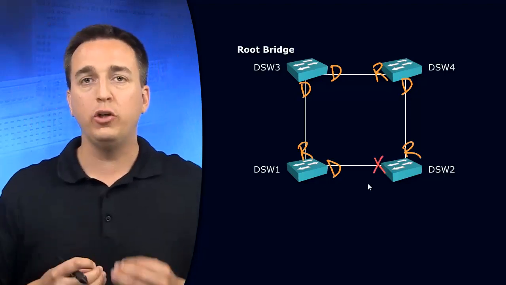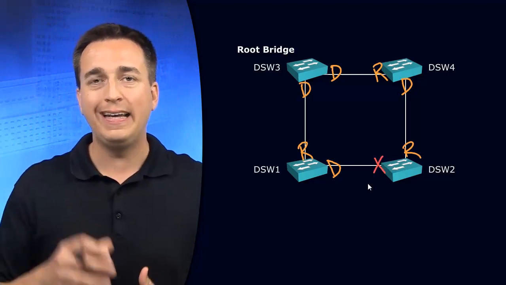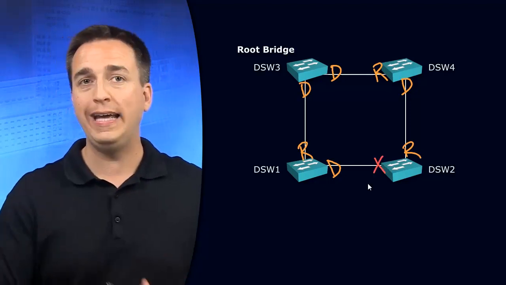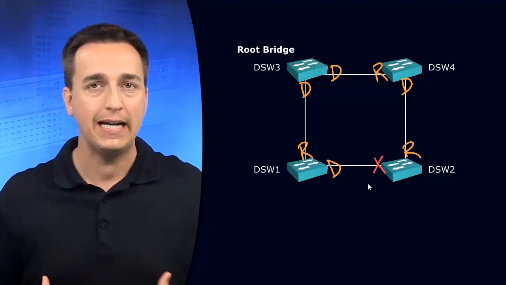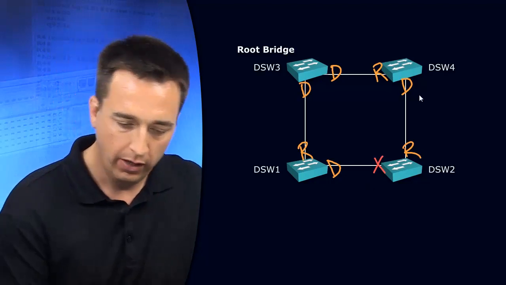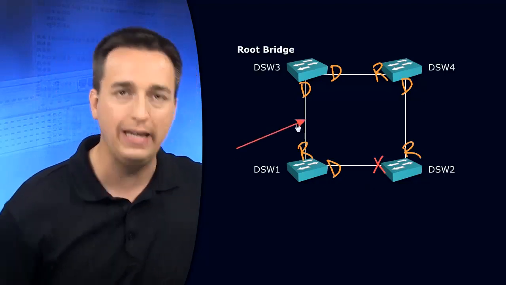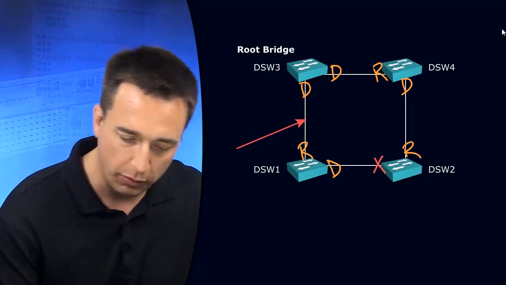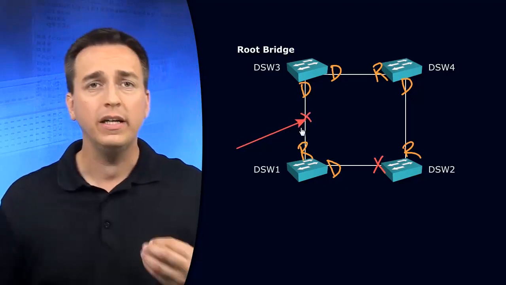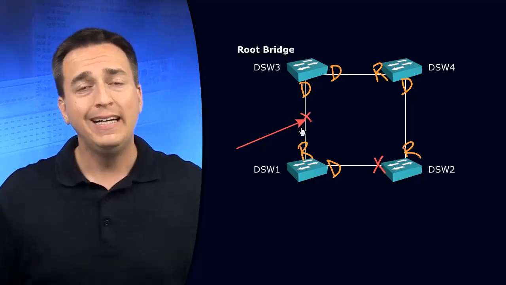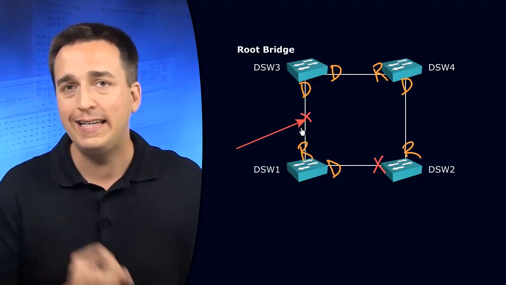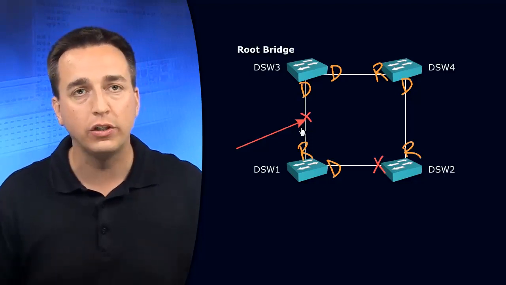So from DSW2's perspective, an indirect failure would be a link that is not directly connected to DSW2. So let's say that this link right here fails within the topology. When this link fails, DSW2 has no idea that that failure has occurred.